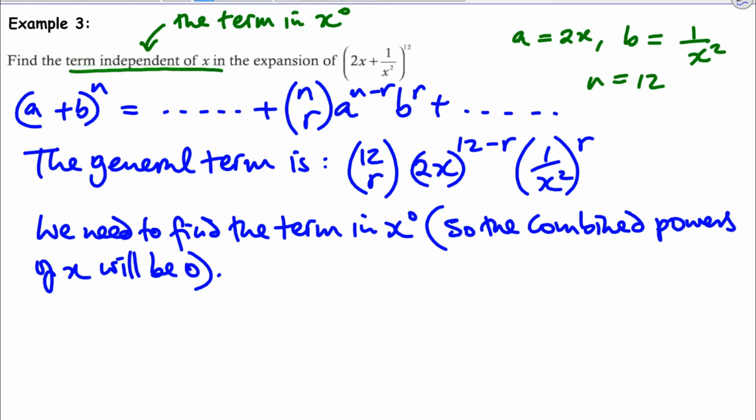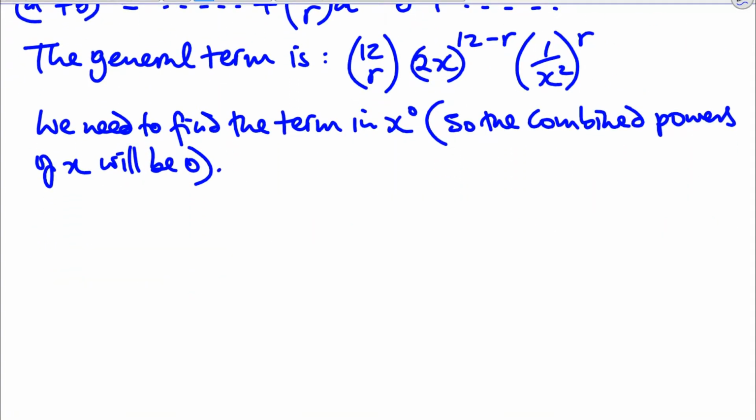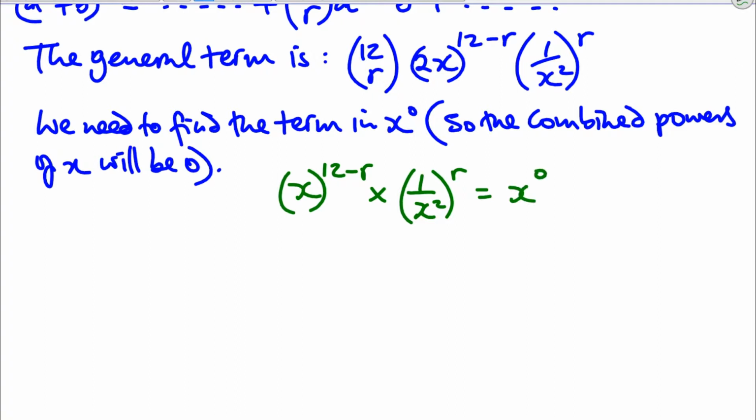So from the general formula, if we just focus on the powers of x, we'll have x to the power of 12 minus r multiplied by 1/x² to the power of r equal to x to the power 0.